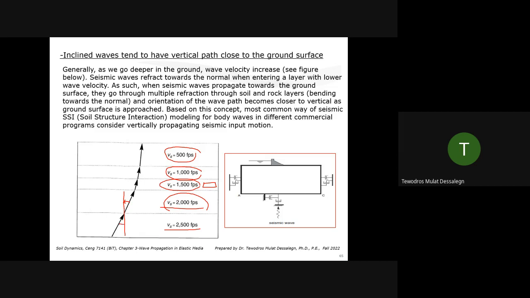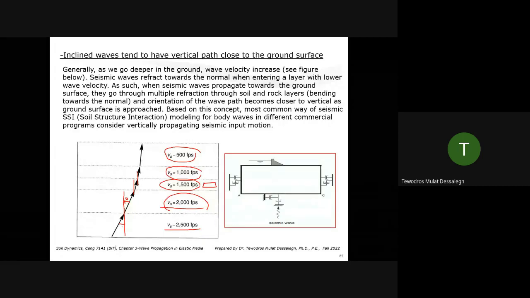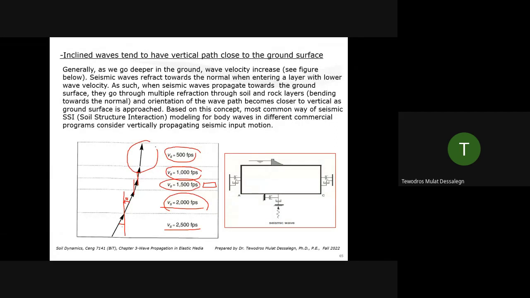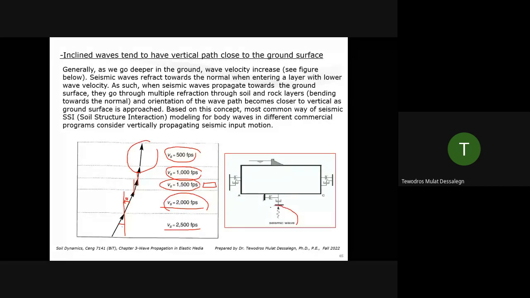So this theta is larger than this one right here. If I have continuously lower shear velocity layers, then the wave is continuously bending as it enters the new layers. So normally what happens is when that wave arrives near the ground surface, it's almost vertical. That's the main reason you see in models, we see vertically propagating shear waves.